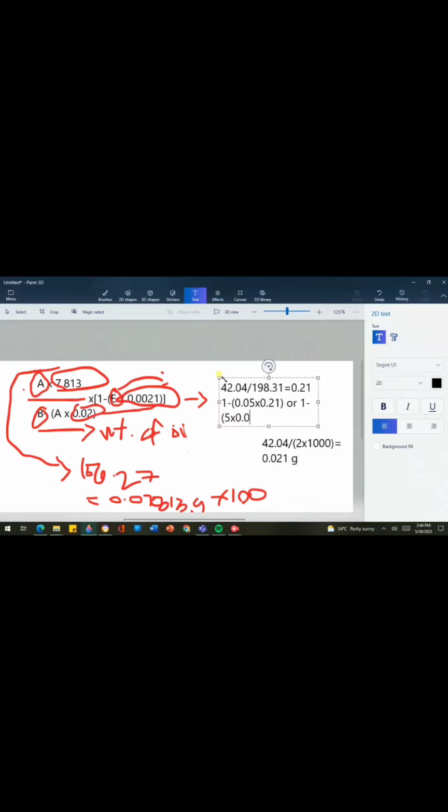So, applying this correction, the formula becomes A times 7.813 over B minus A times 0.021 times 1 minus 5 times 0.0021 equals the percent total menthol.